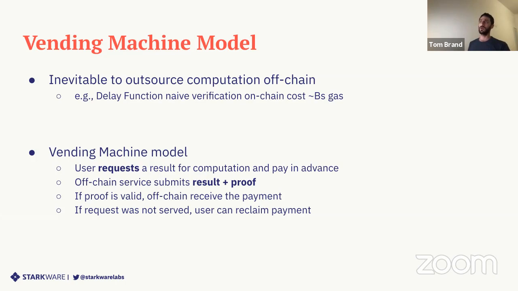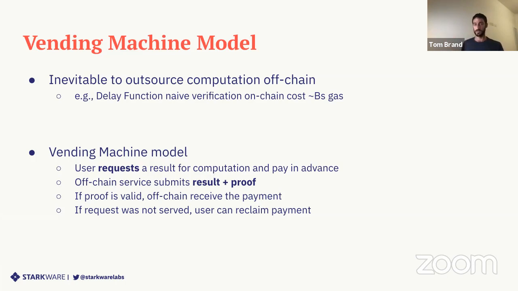Now the question is, how can I do it in a trustless way, so that the off-chain service which generates the proof knows that it will get compensated for it, and the user knows that either he will get the result for the request that he asked for, or he won't pay. So we propose the vending machine model: a user requests a result from computation and locks some funds in advance.